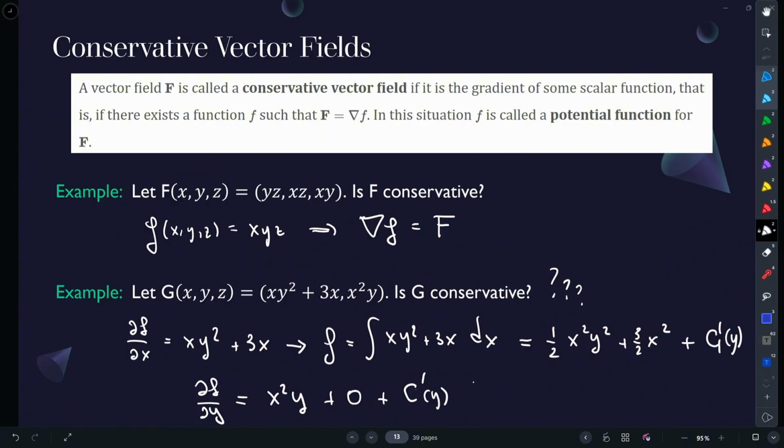But this has to be equal to x squared y, so I get x squared y plus 0 plus some other junk that I don't want. I want this to be 0 as well, so the constant actually has to be a constant. As long as it is any constant, it would work. There's not just one potential. If there is one, there are infinitely many potentials that differ by constants. So it turns out that this function works.